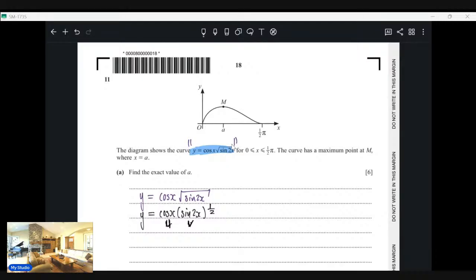Then you can now do the product rule and everything else. Are we together? Good. So do it. And obviously, because they've said the word maximum, you will let dy/dx equal to 0, and you see what you can do there. This is important because it's at the maximum.